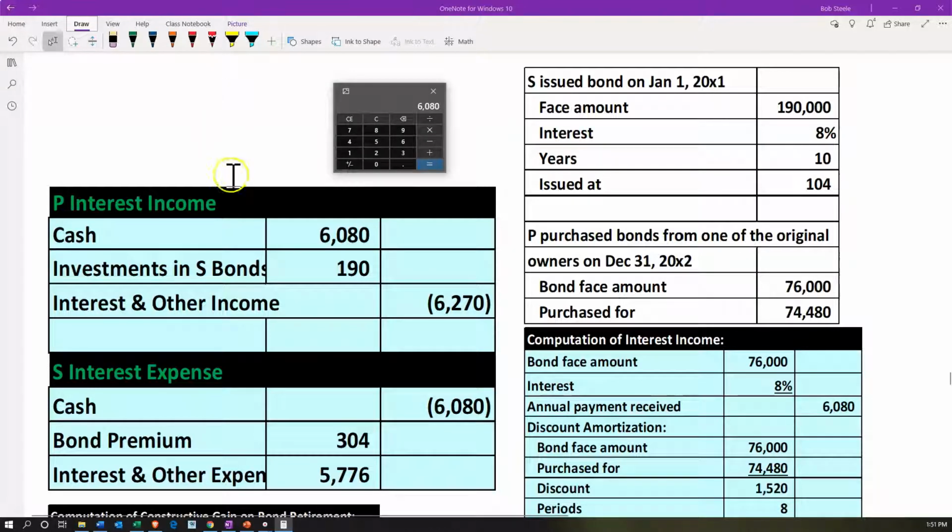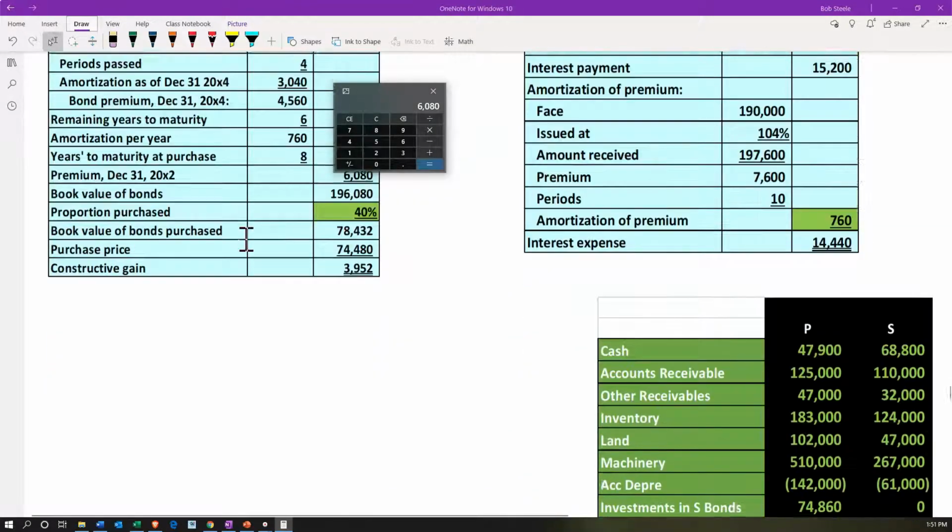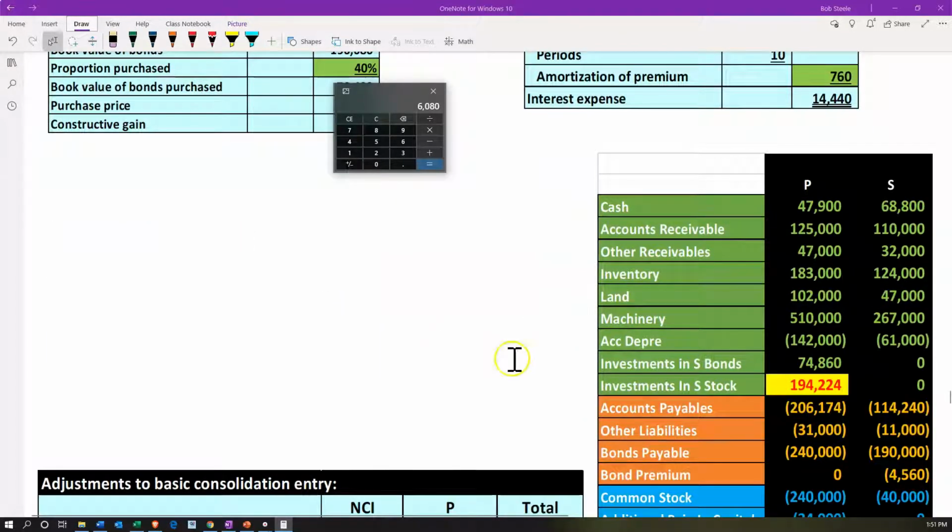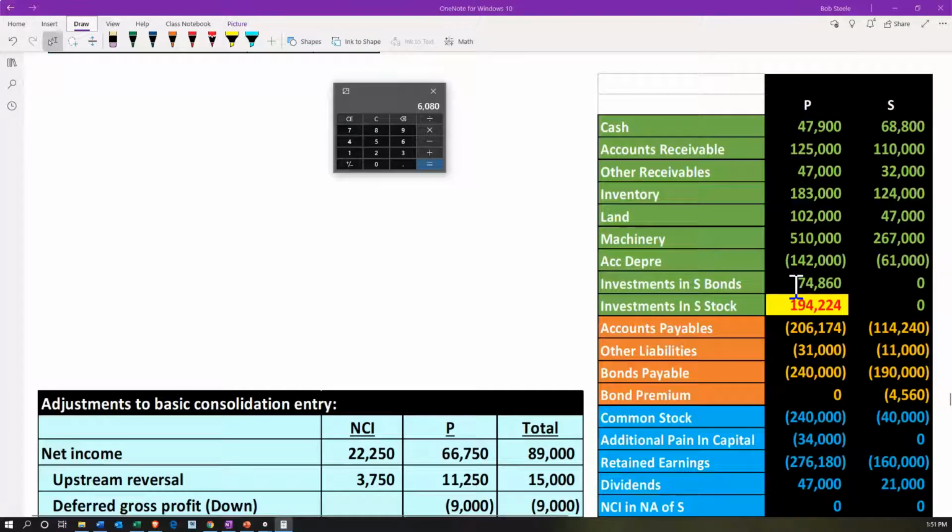So that's going to be the 6,080. And then we have on P's side the investment in the bonds. They got basically an asset on the books for the bonds. If we consider the accounts that would take place, we've got the investment in the bonds on P's side of things for that 74,860 because they bought it at a discount.